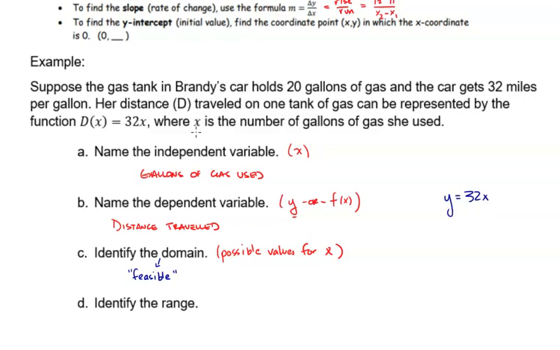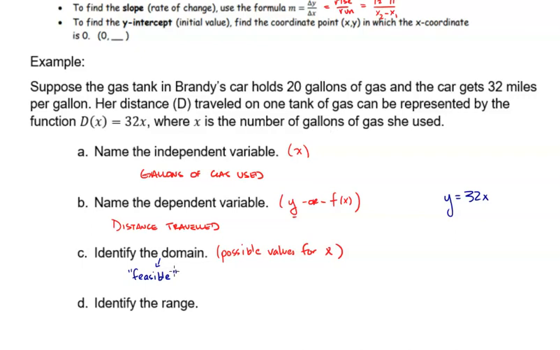First of all, can we use negative gallons of gas? Well, no, we can't. We're not going to drive our car and somehow gain gas. We also can't use more than 20 gallons of gas because it's specifically saying traveled on one tank of gas.